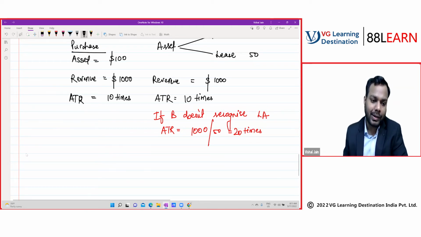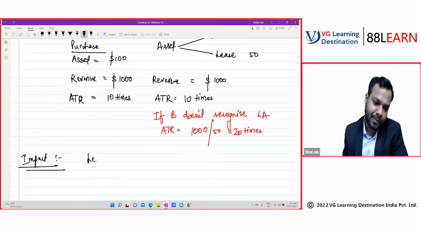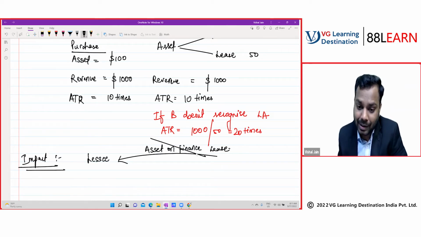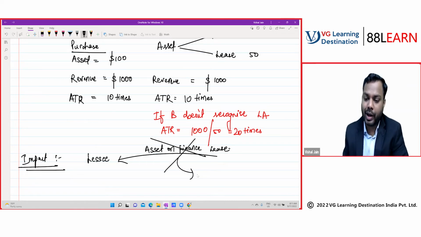Now, what is the ultimate impact? The impact was, let's say, companies used to obtain an asset on finance lease, but in certain cases used to classify it as operating lease.